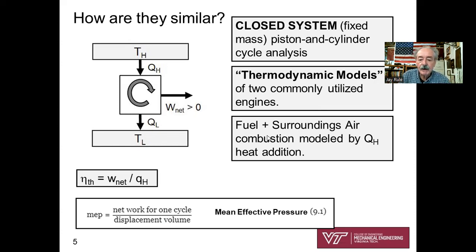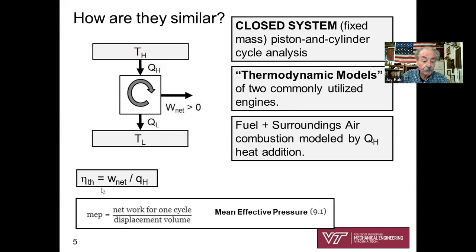What we do is we model this combustion process as a heat addition process, QH. And so up here in our schematic, QH is our thermodynamic model of the combustion process. This is how both the diesel cycle and the Otto cycle, modeling the gasoline cycle, are similar.